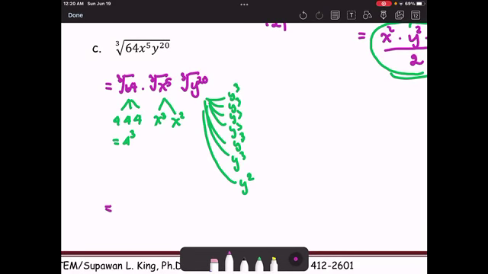So the first one becomes the cube root of 4 to the third times the cube root of x to the third, the cube root of x to the second, and for the y factor there are 6 factors of the cube root of y to the third.